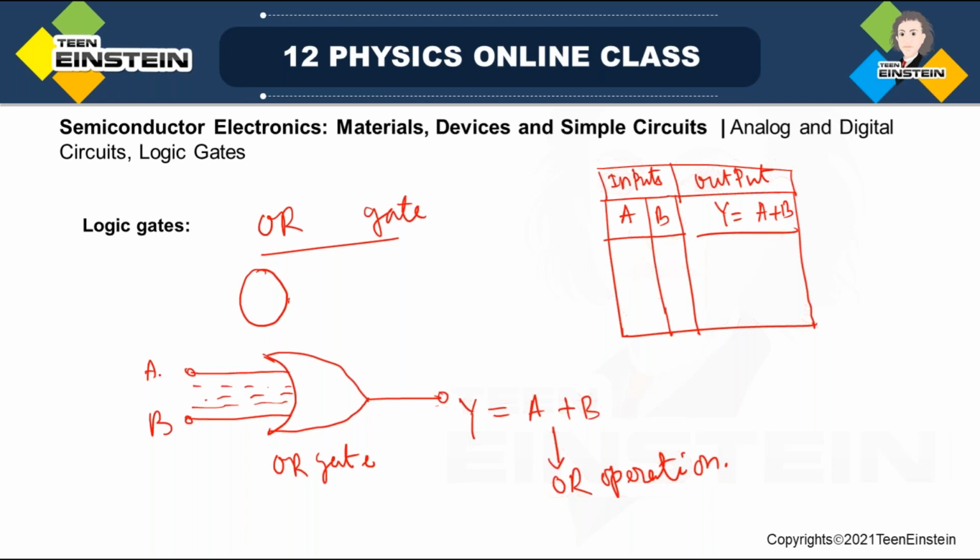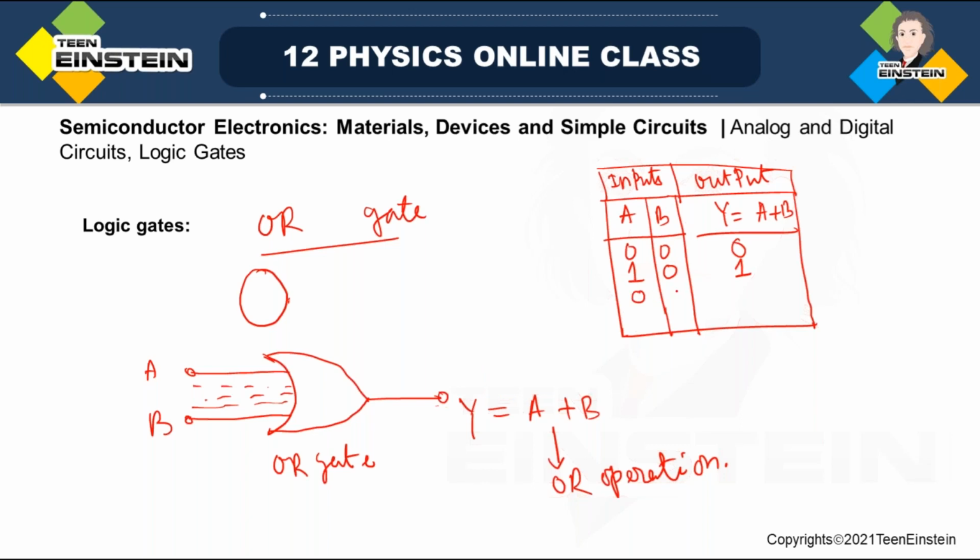So let me write first 0 0, both are low state. If both are low state, then the output also will be low. If I have switch A at high state or closed and B is open, then we'll get output 1 or high level.